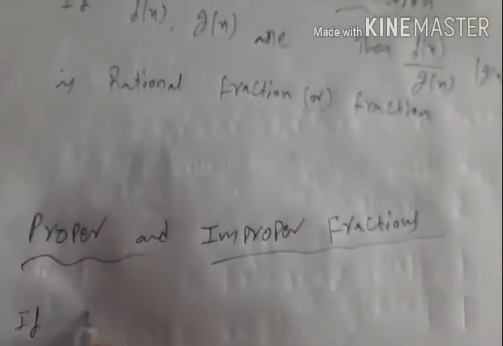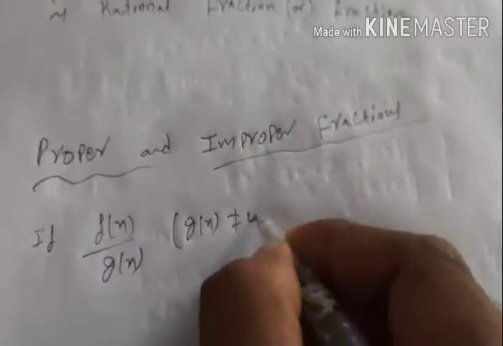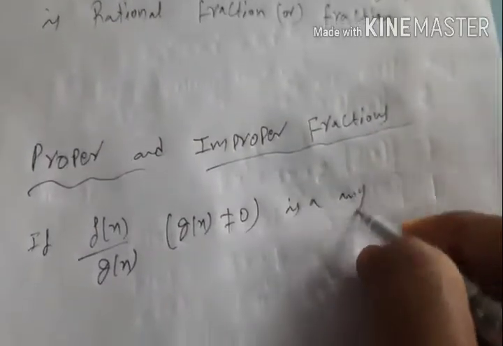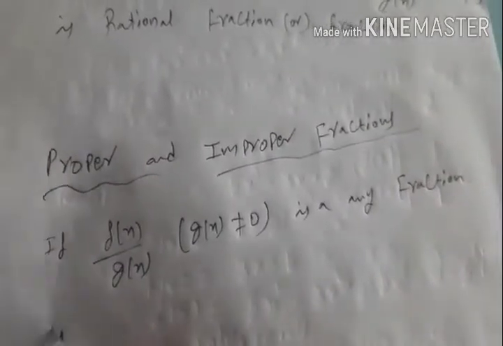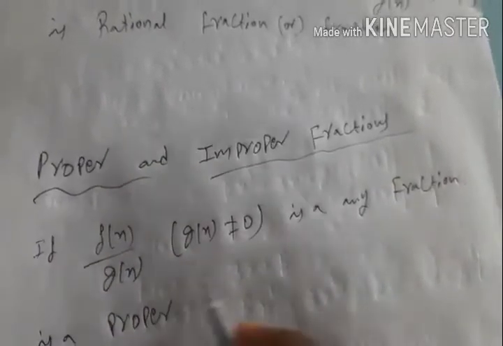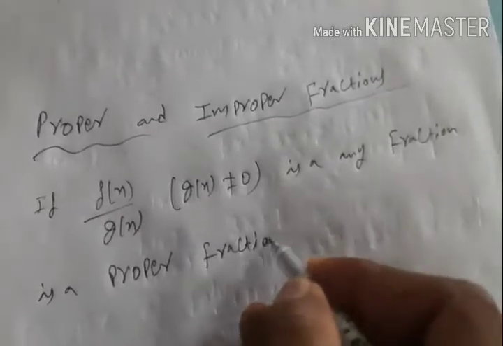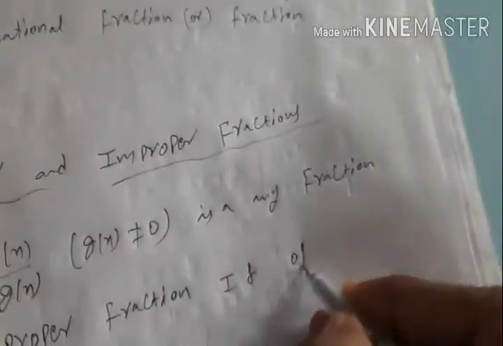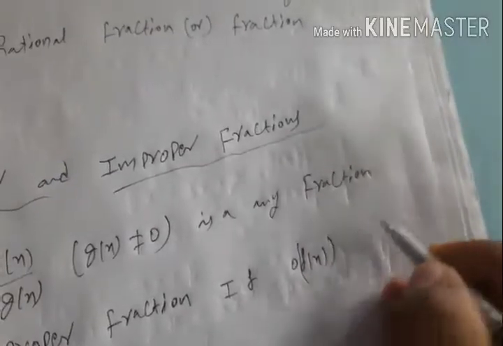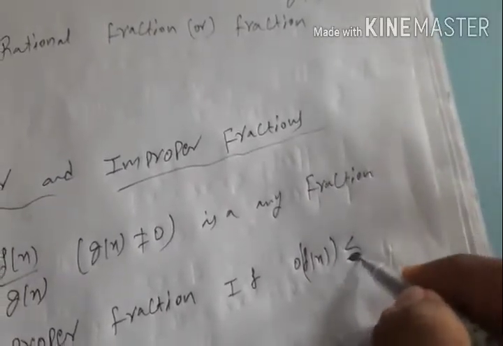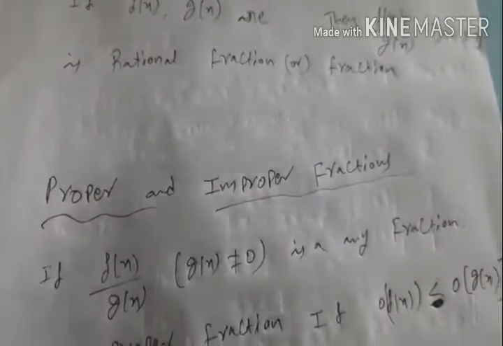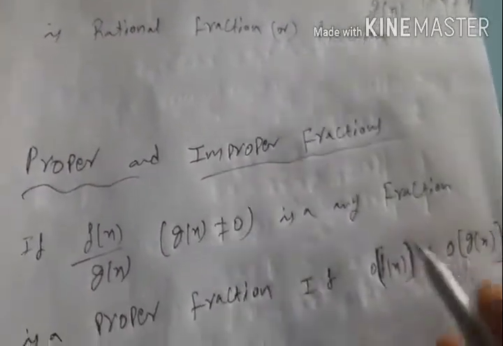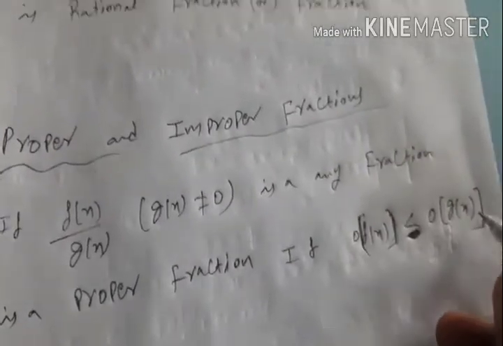If f of x by g of x, where g of x is not equal to 0, is any fraction, it is called a proper fraction if order of f of x is less than order of g of x.